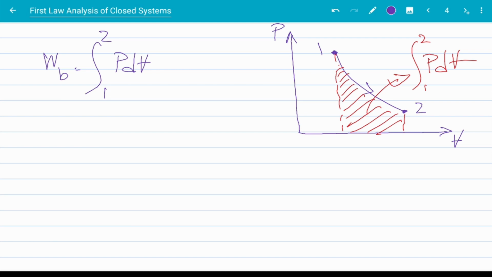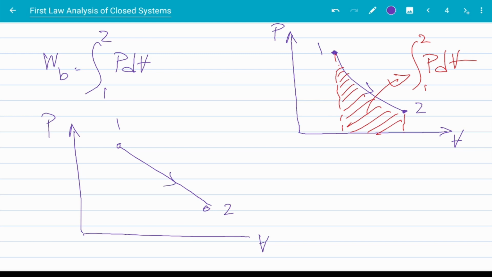Now, as we know, work is a path function. So if we have, again, a PV diagram, and this is our state 1 and this is state 2, then based on the path that we take, the boundary work will be different.